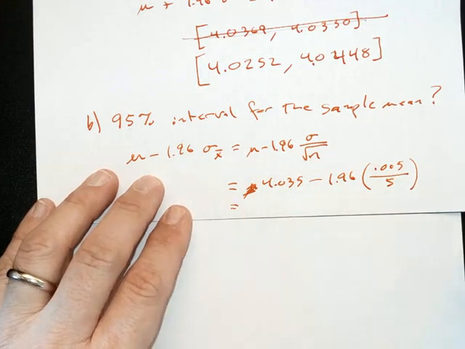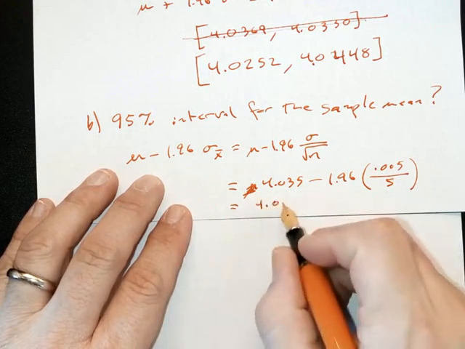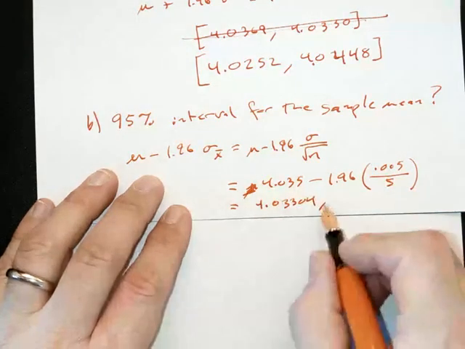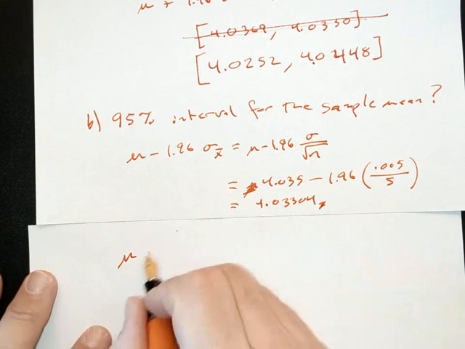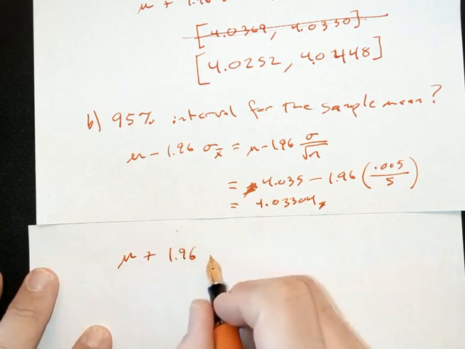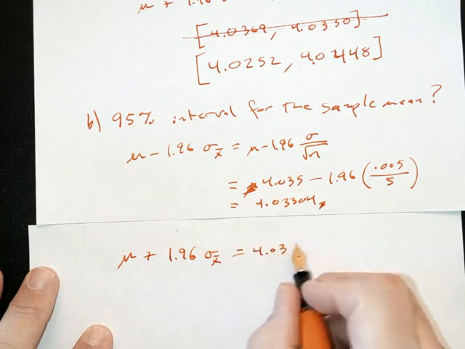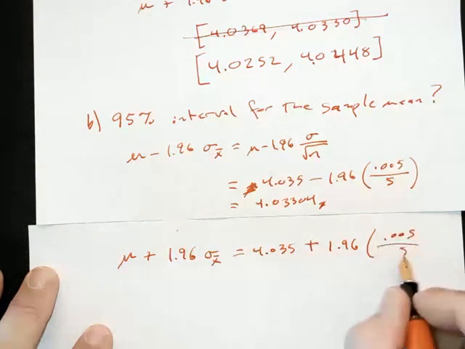So the low number in this case is 4.033. I mean, if I take it out more decimal places, I get 04. And you can go as many decimal places. I would go at least one more than the number we were given in any calculation we do like this. And then the top end, 1.96 times 0.005 over 5.